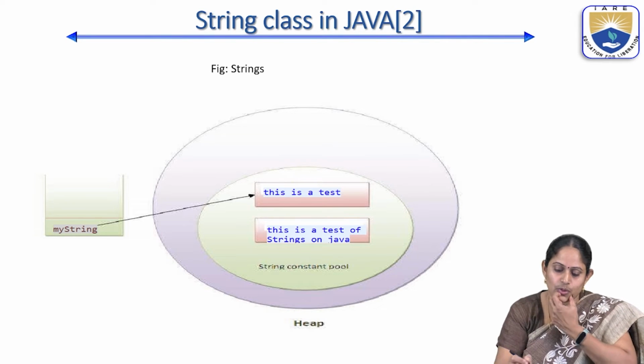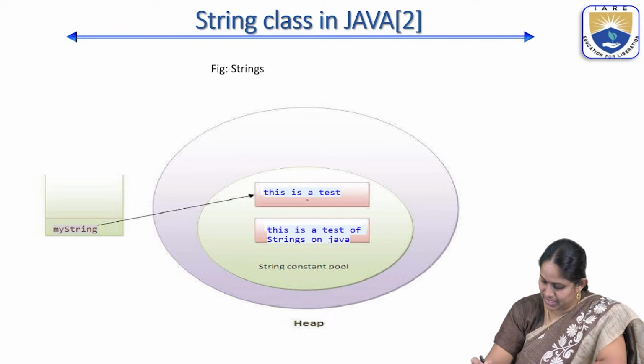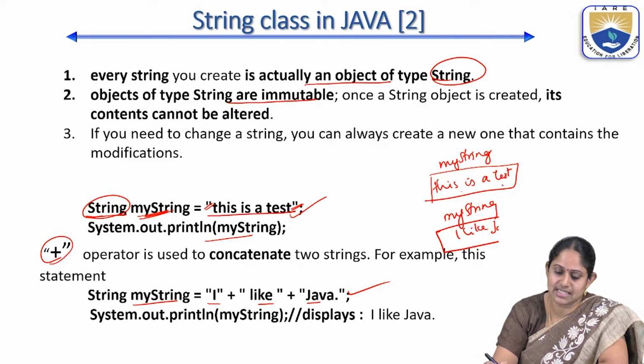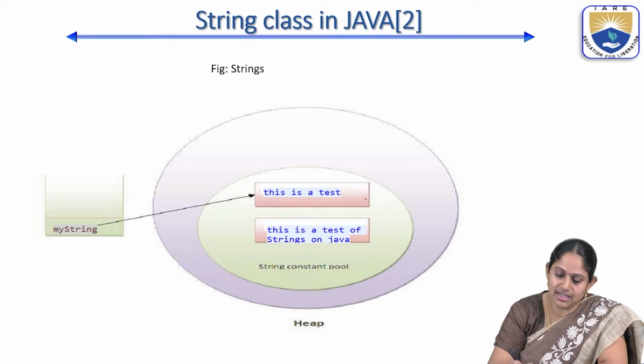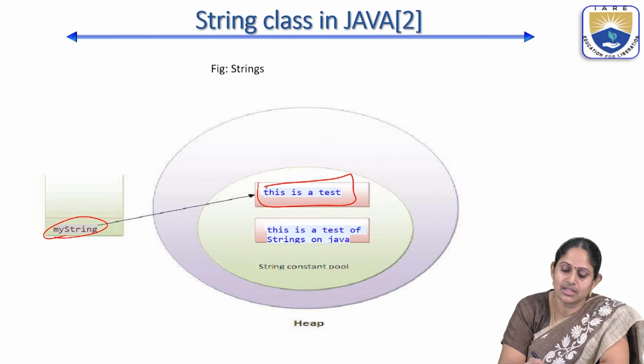As I've told you, this is how the strings will look. When we create an object, "This is a test", in the memory pool we have the object reference pointing to the object.